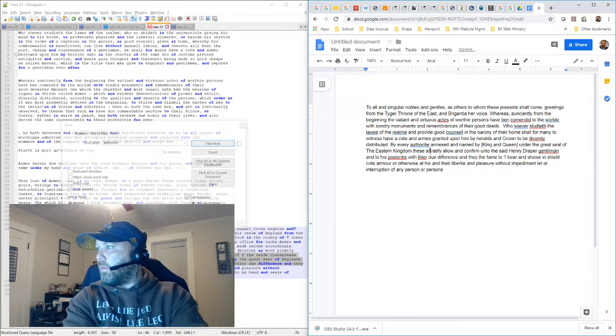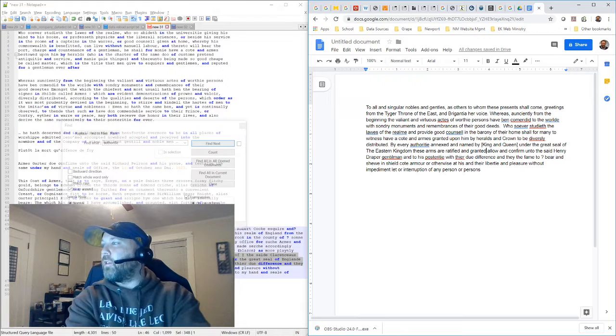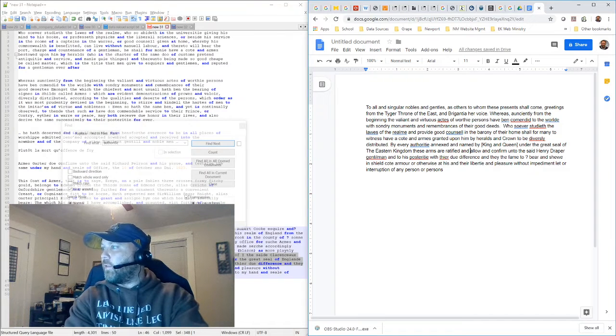These arms are ratified and granted. I've already said granted, so and allow and confirm unto the recipient.